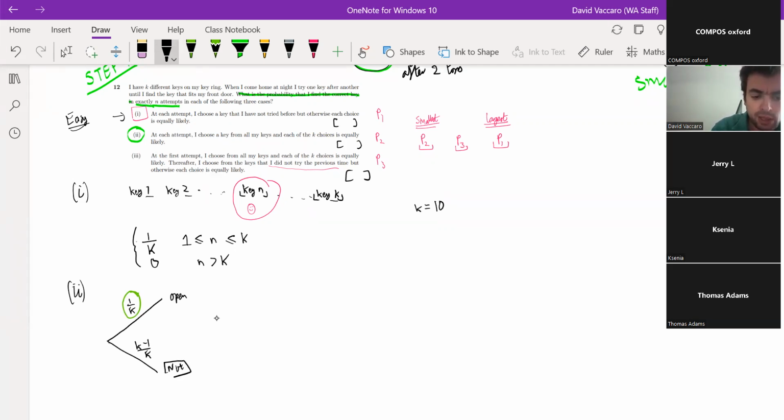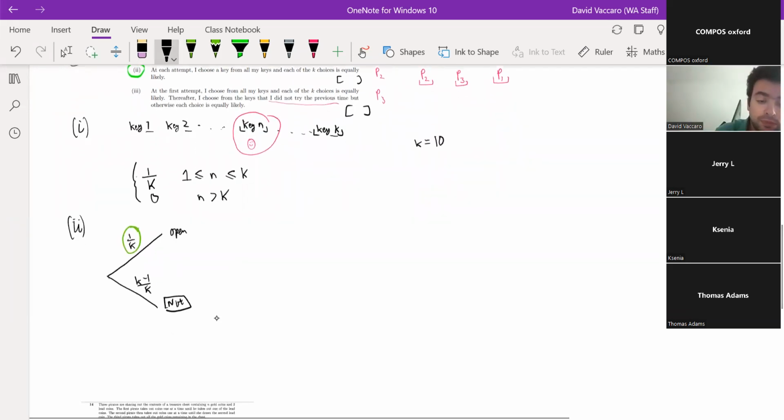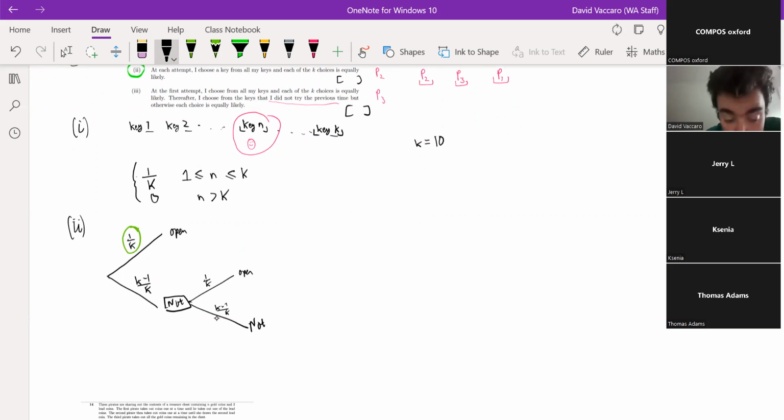But now in this example, because I've got no memory, the next time I use a key, it opens with probability 1 over k, but it doesn't open with probability k minus 1 over k.